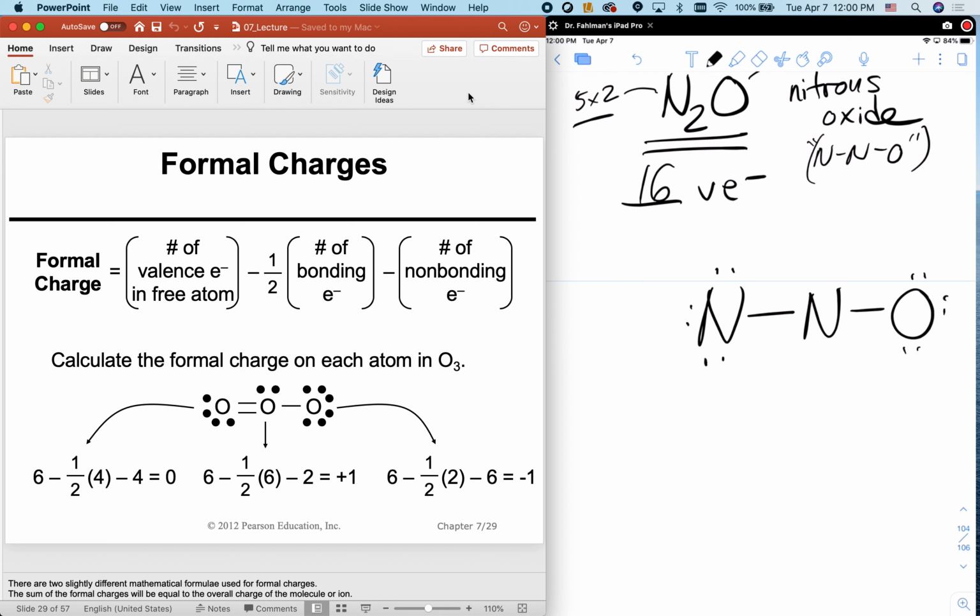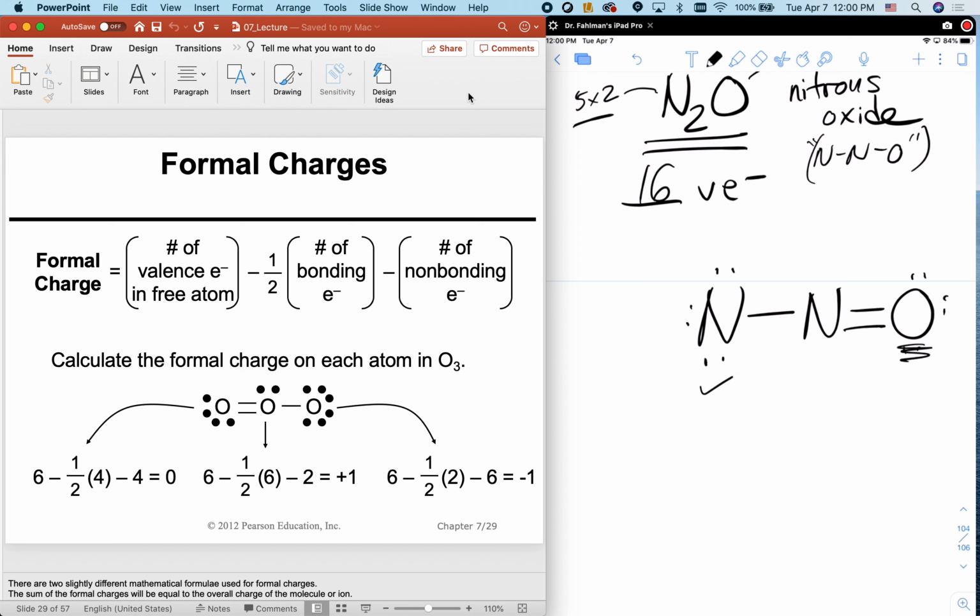Okay, so now we look at nitrogen and oxygen, which both have to have an octet. And so we could do, let's say, this one going to there. Okay.